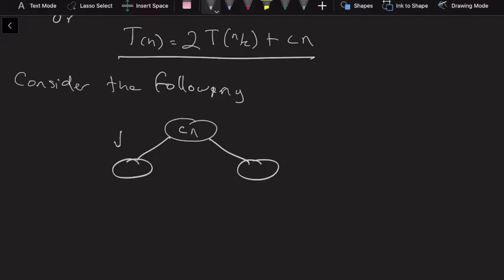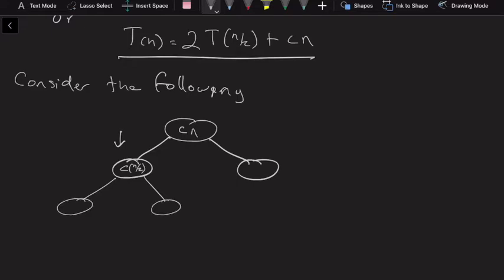So let's say this side is going to be the amount of work done to compute the first half of the array, to sort the first half of the array. How long does it take to compute the first half of the array? Well, for that, it's going to be C of n divided by 2 to merge plus the amount of work to compute the first fourth of the array and then the second fourth of the array, right?